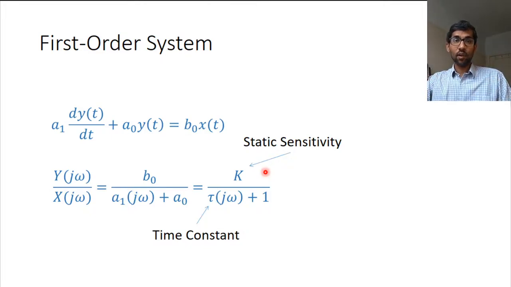So it takes a long time, and I think that is a good description of a first order system. So let's look at how a first order system behaves when we give it different kinds of inputs.